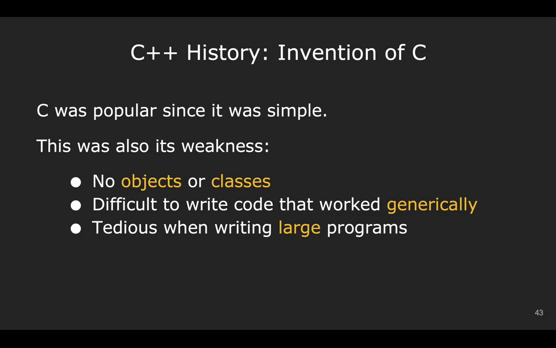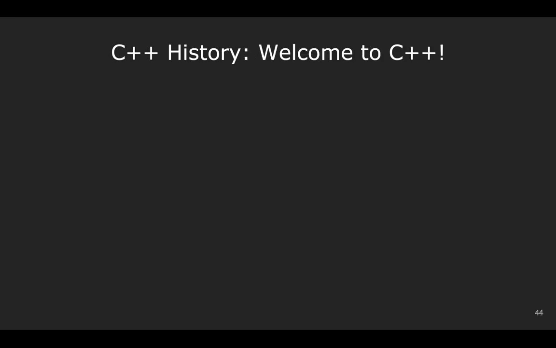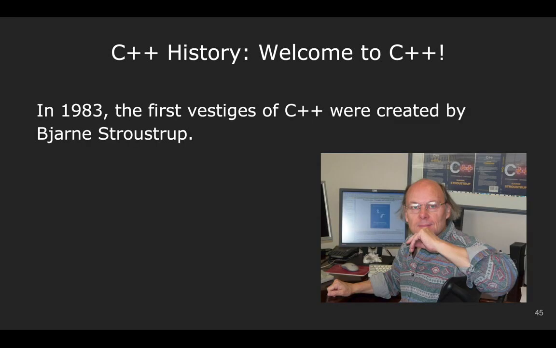Okay, awesome. So, welcome to C++. This is the current state of the art along this line of programming. Going back to the father of C++, Bjarne Stroustrup invented C++ in 1983.